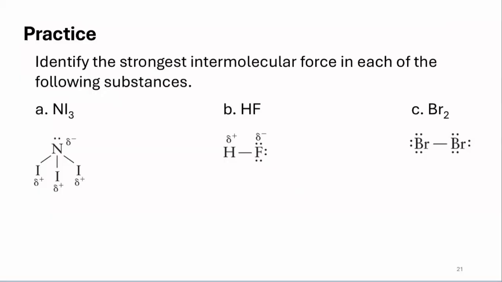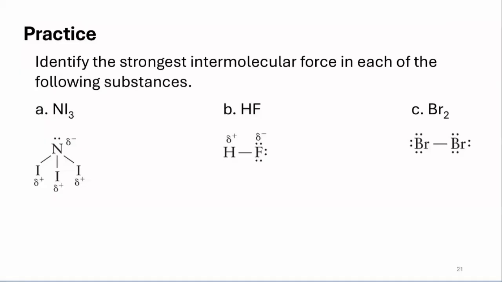Let's first target letter A, nitrogen triiodide. When we're doing these types of examples, the first thing you need to determine is the polarity of the molecule.